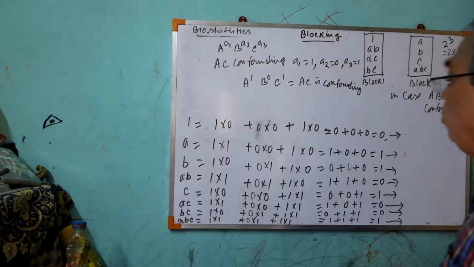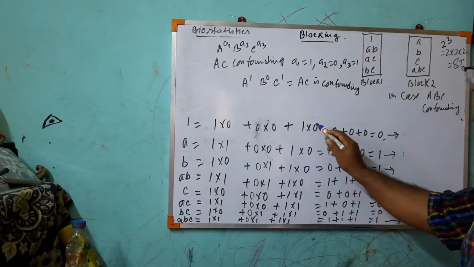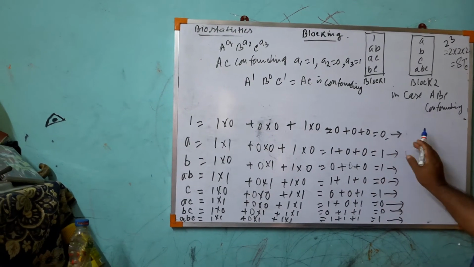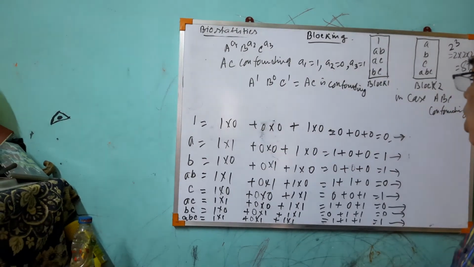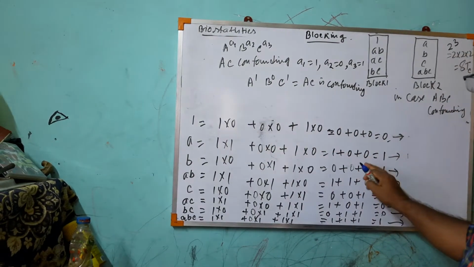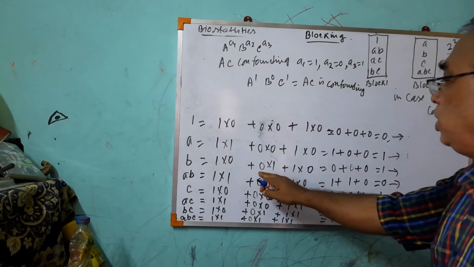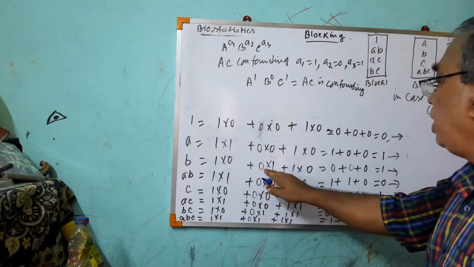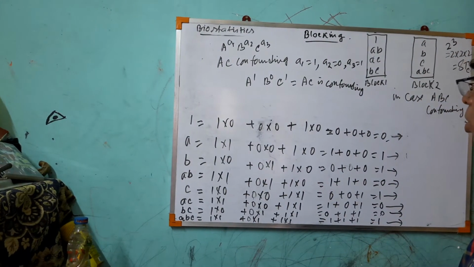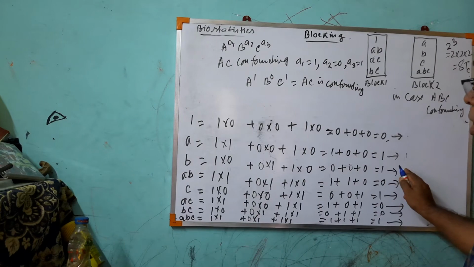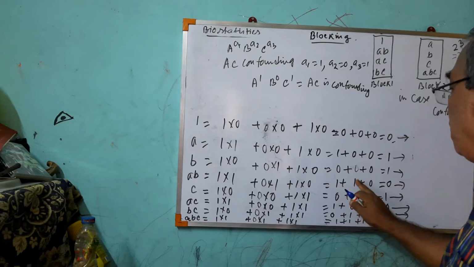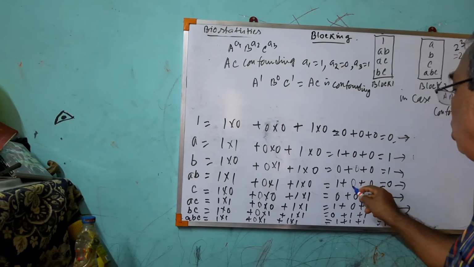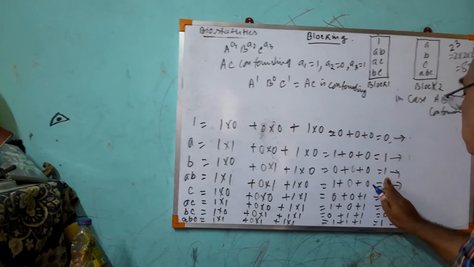So now 0 plus 1, this is 0, right? Now 1 plus 0 plus 0, this is 1, right? Now this will be 0, 0 plus 0 plus 0, right? Now AB, that is 1 plus 0 plus 0, this will be 1.